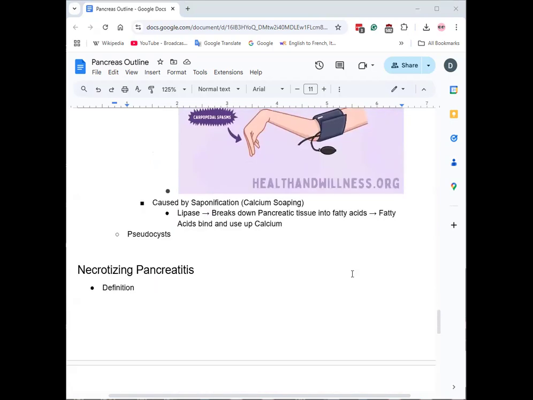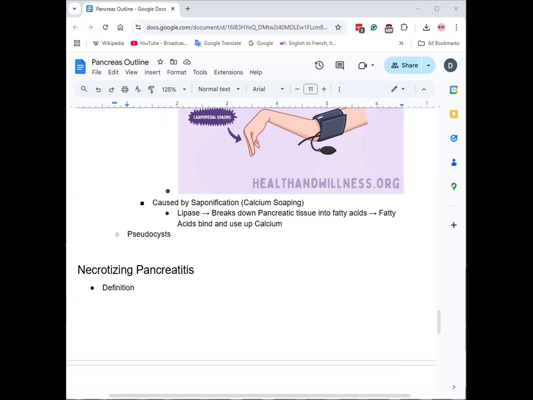And then from there on out, the saponification. The specific thing that you were asking me is, does it hold fat? Not inside of it, but it will have fat surrounding it.